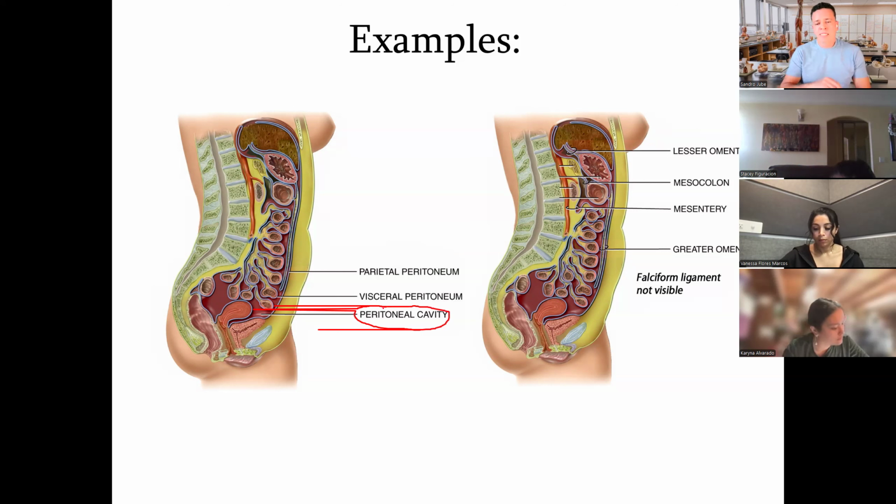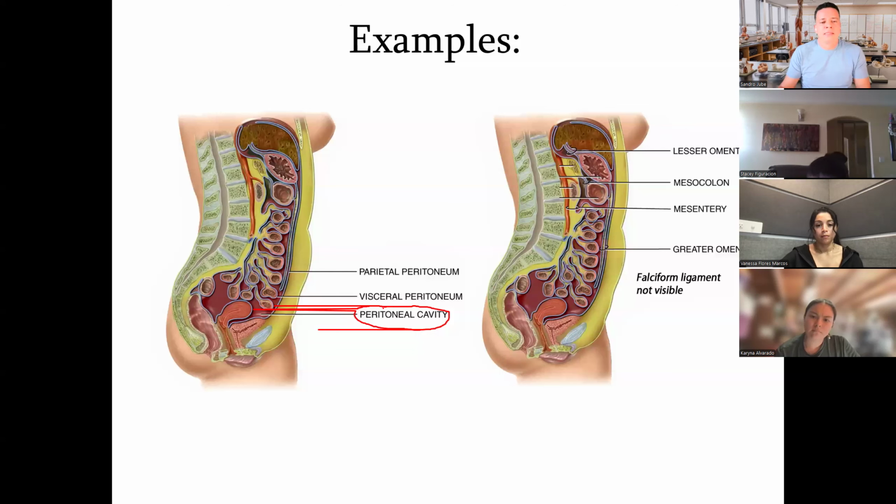So if you hear me saying peritoneal cavity or abdominal pelvic cavity, they mean the same thing. Okay? And this peritoneal cavity, take a wild guess, is made by a membrane called peritoneal membrane. And inside the cavity, we're going to have a fluid called peritoneal fluid.